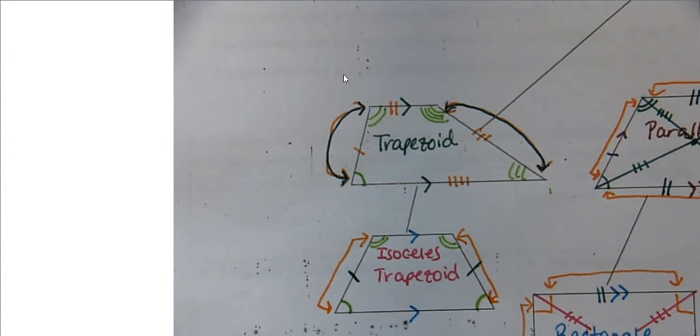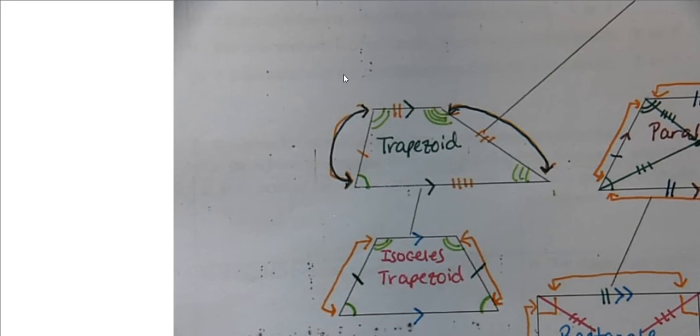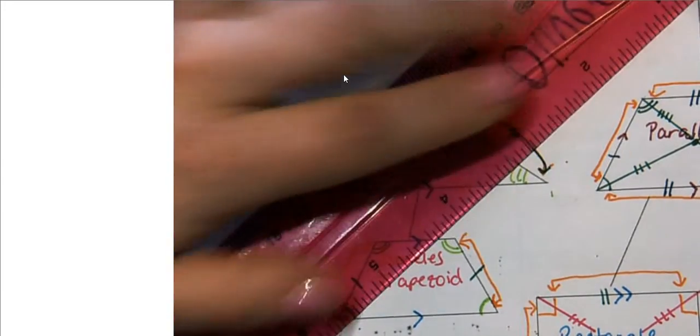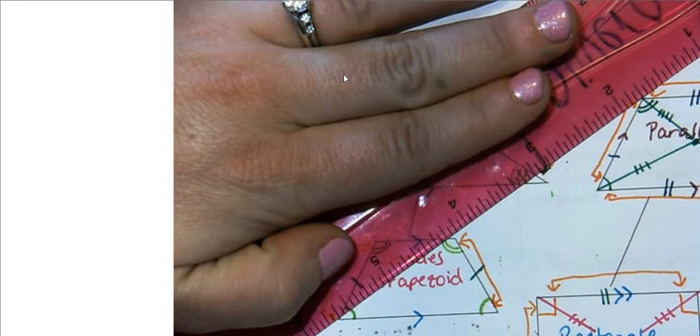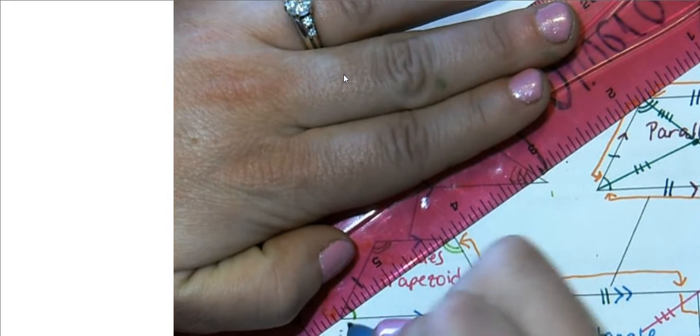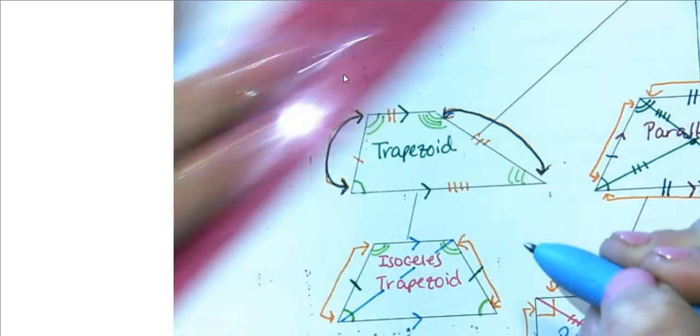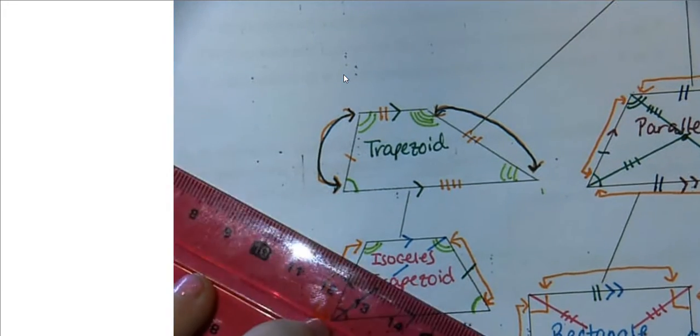The last thing is the diagonals. I didn't mark up anything in the diagonals because there's no relationship of the diagonals in a trapezoid. But in an isosceles trapezoid, there is a relationship. And that relationship is that the diagonals, although they do not bisect each other, they are congruent to each other.